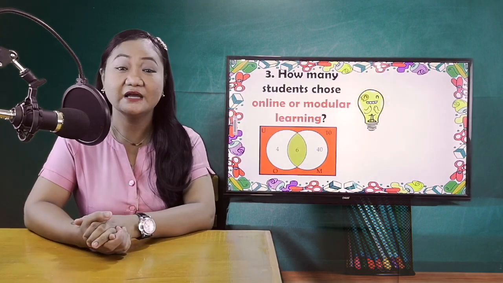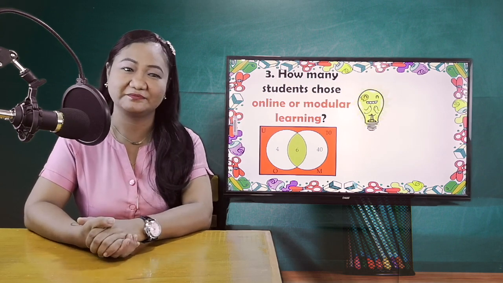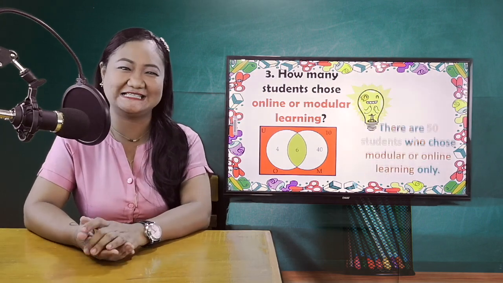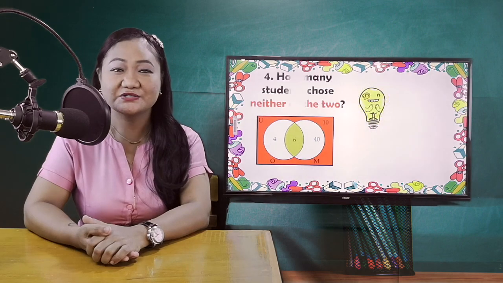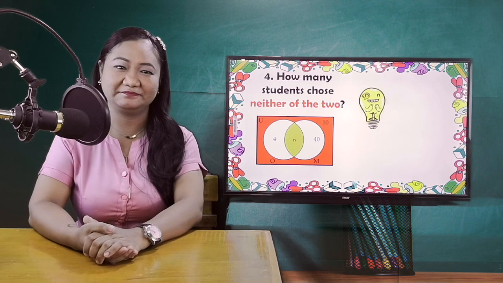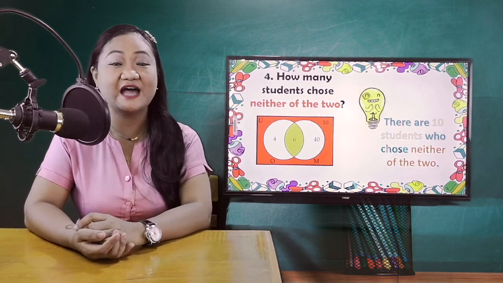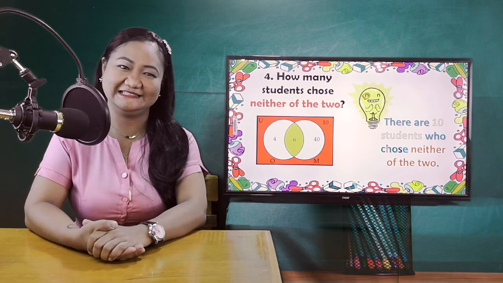Third question, how many students chose online or modular learning? That's right! 50 students. And lastly, how many students chose neither of the two modalities of learning? Very good! There are 10 students who chose neither online nor modular learning.